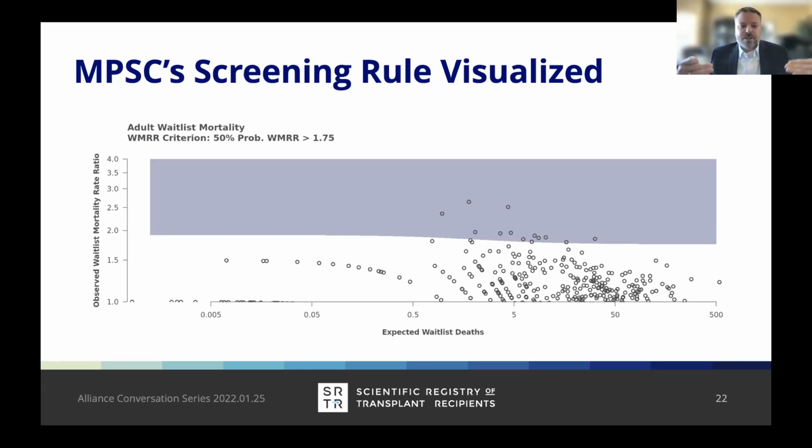So I've essentially cut off the bottom of this graph. There are as many dots below that line as there are above 1. But just for zooming in on the direction the MPSC is hoping to look at, the purple zone there are those extreme outlier programs that would come under review under this criterion for the MPSC.